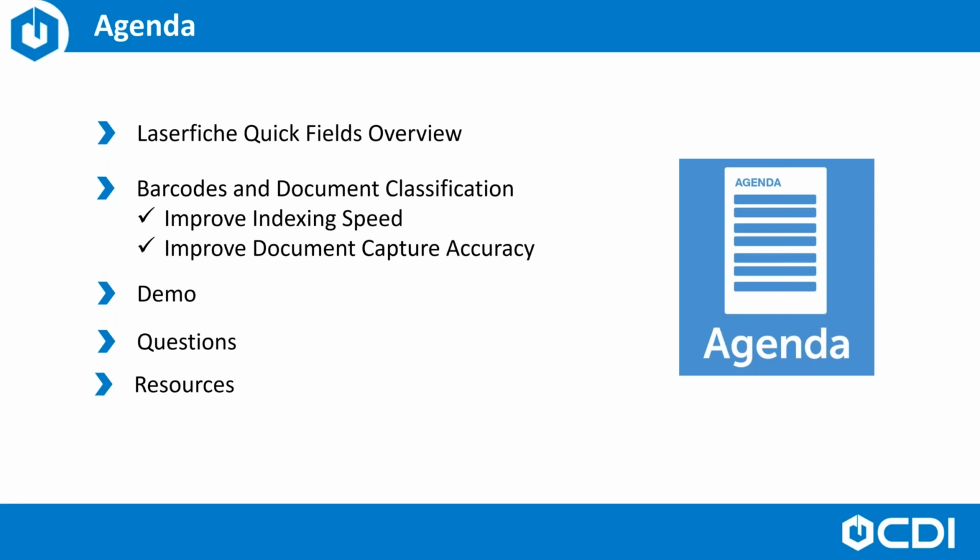This is going to let us take a look into how Quick Fields can improve indexing speed and improve document capture accuracy. Following the demo, I'll take any questions that may have come up throughout the demo, and then we'll come back and look at CDI and Laserfiche resources to close out the webinar.